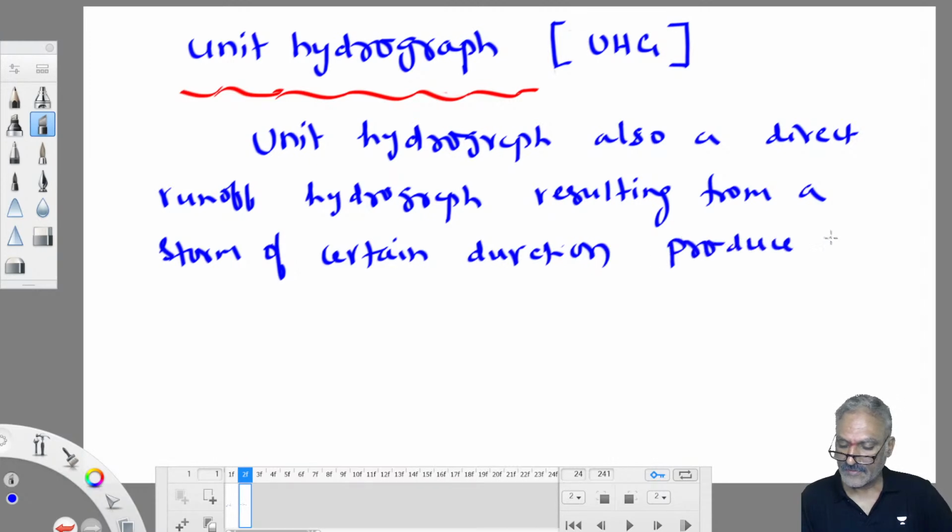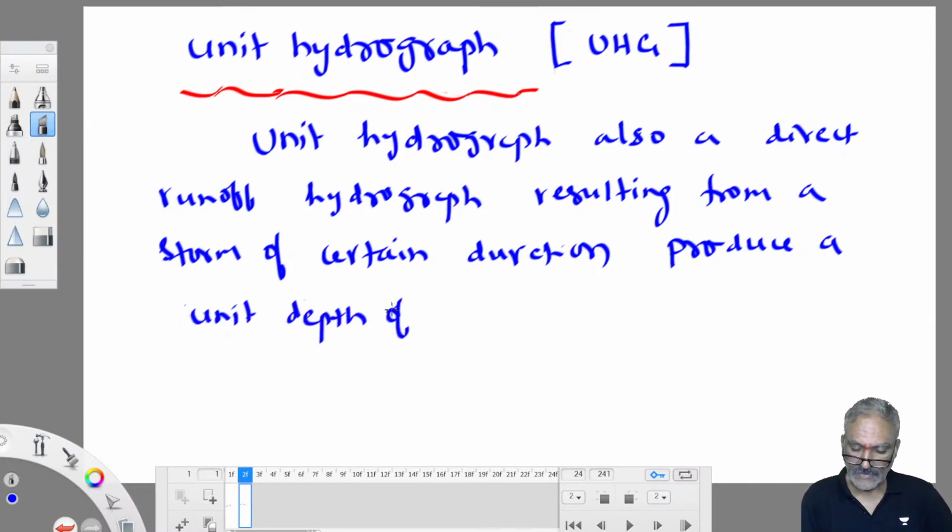Produce a depth of runoff, a unit depth of runoff. Unit depth of runoff means what?